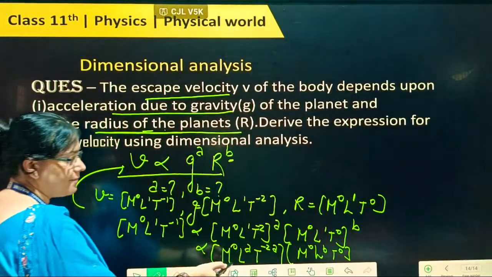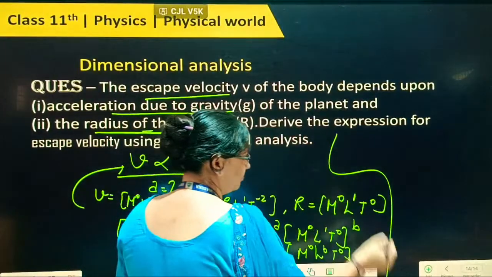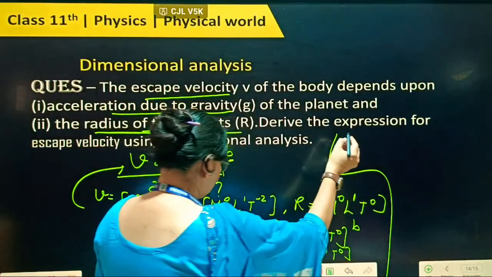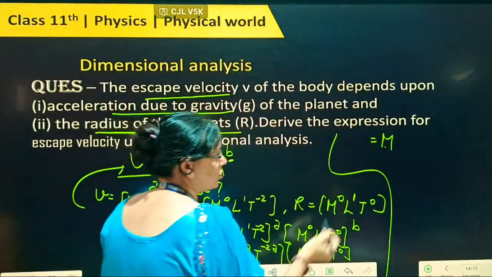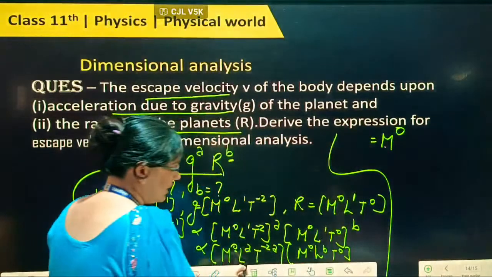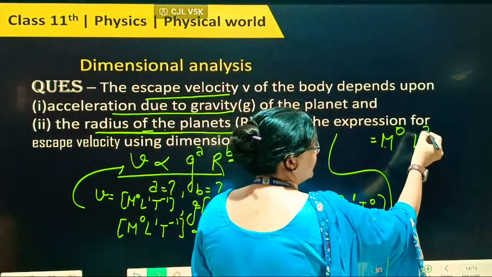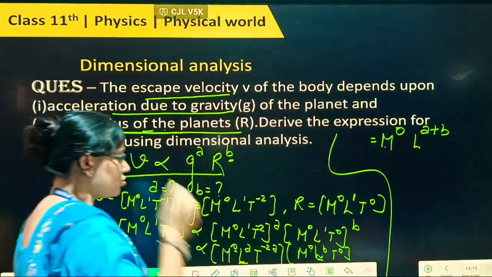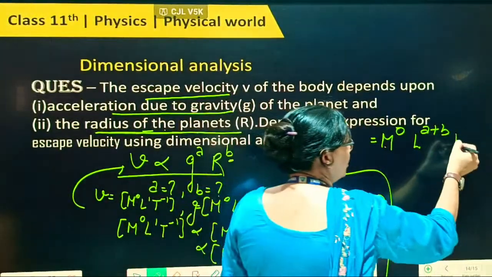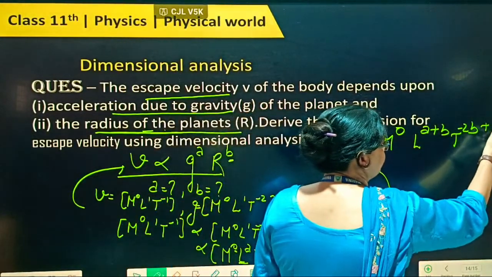Clear? The base is the same, so we can add the powers. Again, the same method we are applying. Here the power of M is 0 and 0, so we can write 0 only. Length has power a and power b, so we can write a plus b. I told you, beta, the base is the same, so we can add the powers. Time gives T^-2a, plus 0.